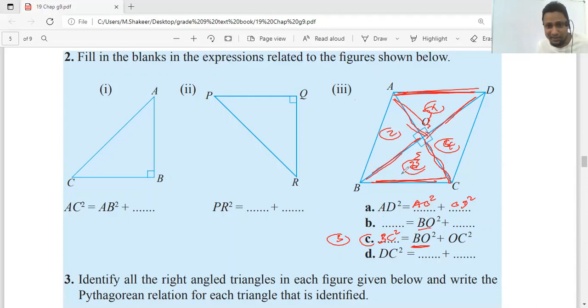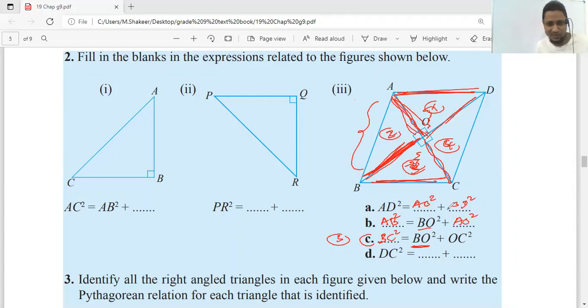Then I'll come again to BO. BO is there, not only for the third diagram, it's for the second triangle also. What is the hypotenuse of the second triangle? AB. So I should write here: AB squared is equal to BO squared plus the other side AO squared.